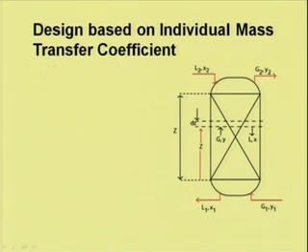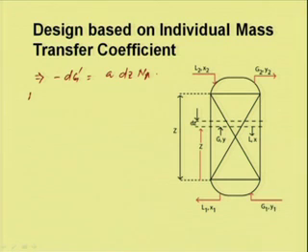So, from this we can write minus dG dash will be a dz into Na.